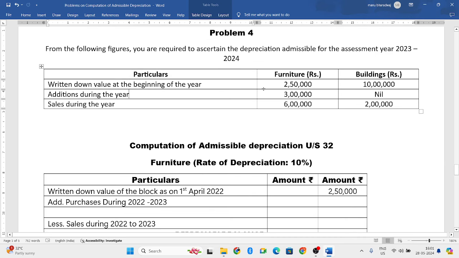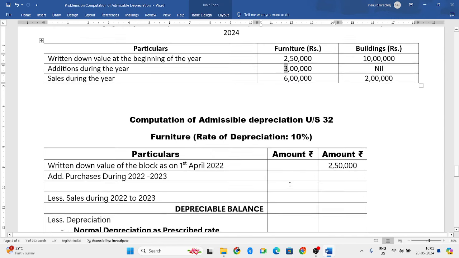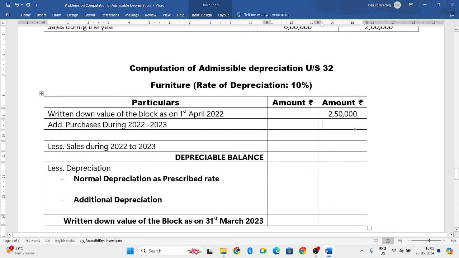They have given that additions during the year were 3 lakh rupees. As it is only one asset, straight away I will write 3 lakh rupees in the outer column. Now add 2,50,000 plus 3 lakh rupees, you will get 5,50,000.